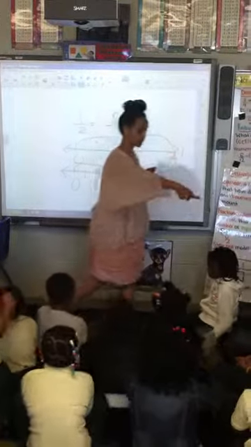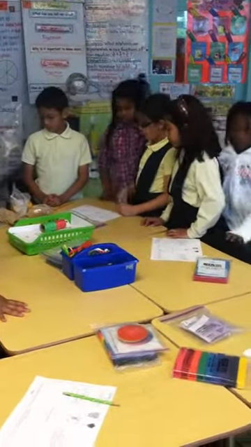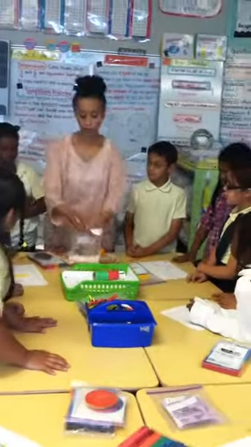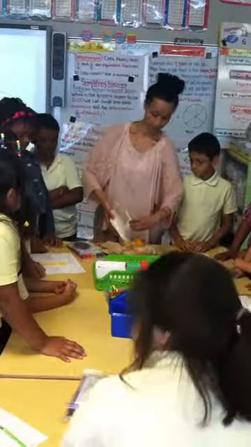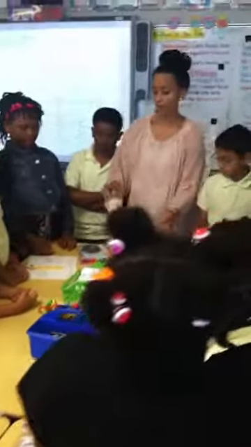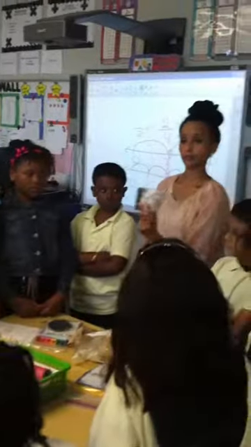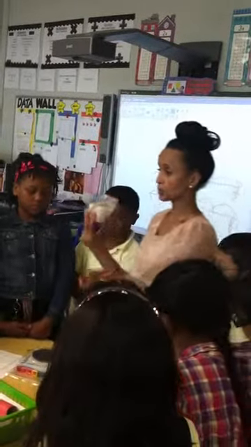So let's go through groups right here. We also use fractions for cooking a recipe. If the recipe requires 1/2 cup, how many fourths can I use? 2/4. 2/4 is equivalent to how many?